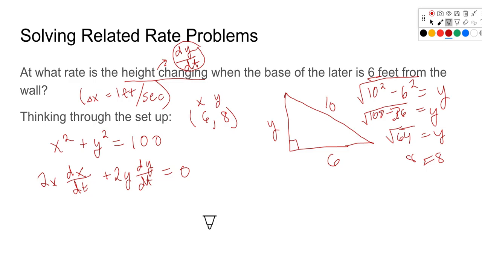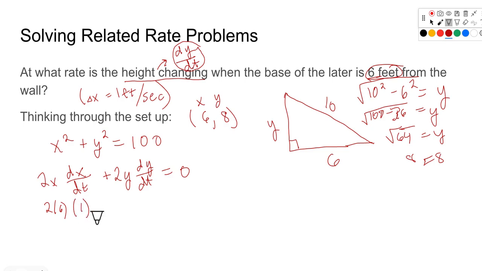So now we've got the derivative. We've got to go back to the situation that we've set up. We have a lot of this information. In fact, do we know what x is? Yes, they told us up here, when x is 6. So we're going to put that in. Do we know what dx dt is?